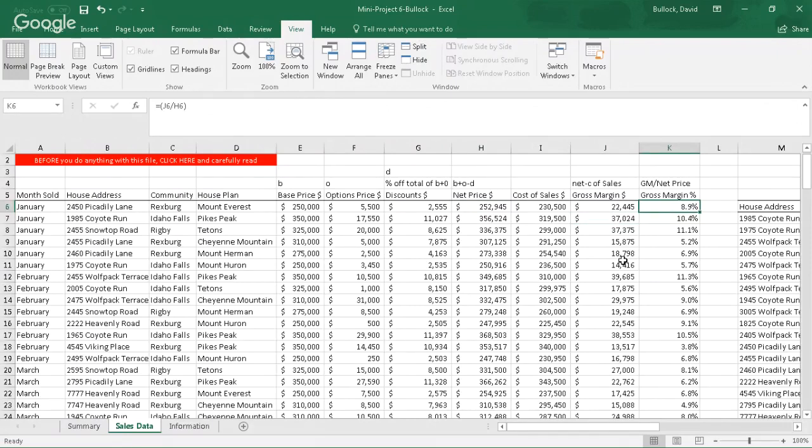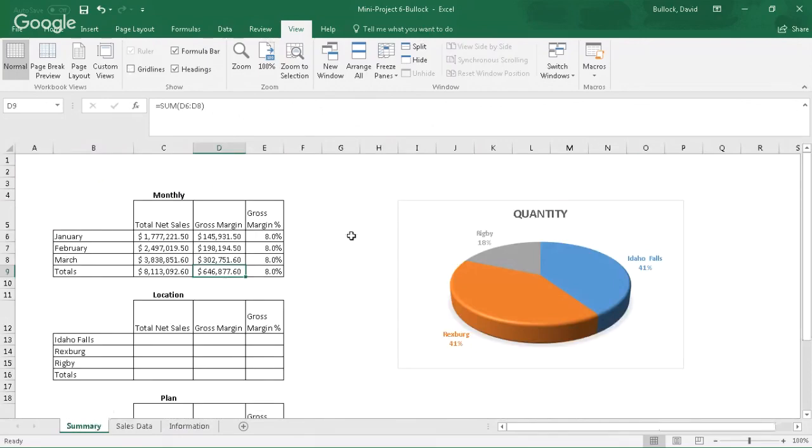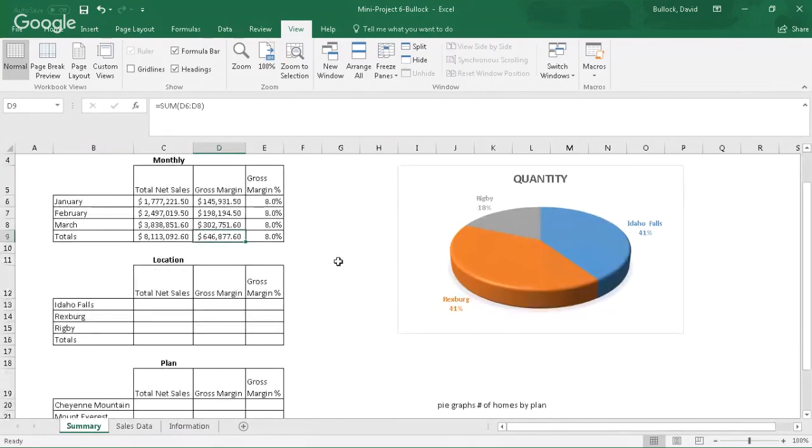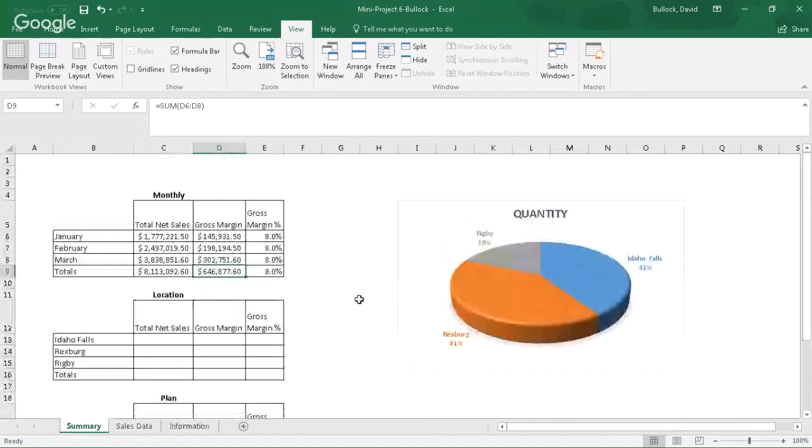So moving on to the summary. I went back to the summary sheet, and I created the 3 charts here: the monthly, location, and plan charts. By the month, I just copied over January, February, March, total sales, gross margin, and gross margin percentage.